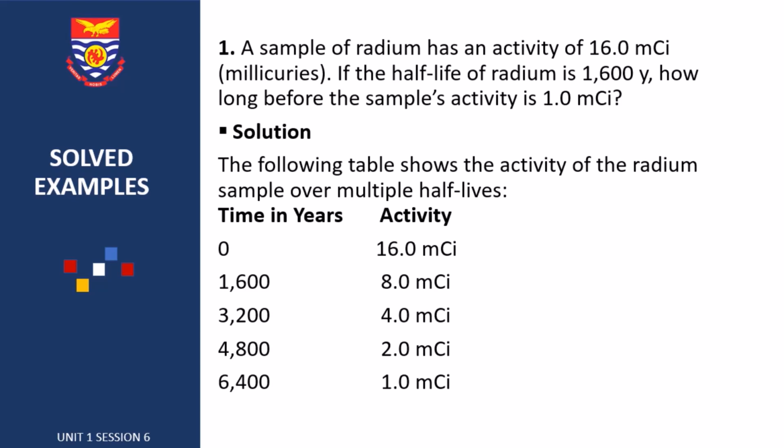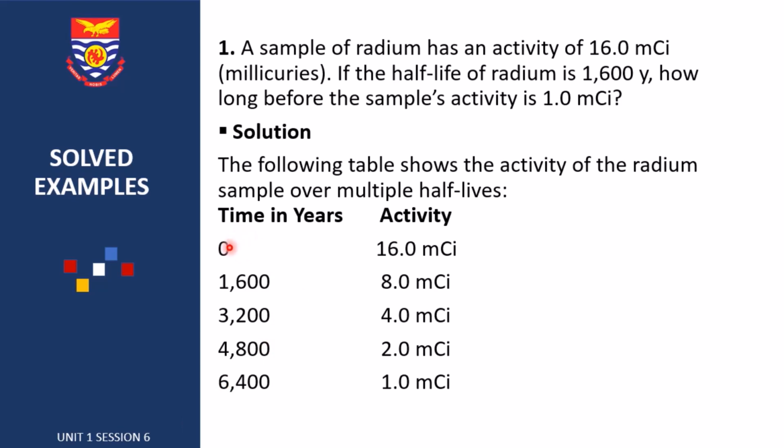Then after another 1600 years, half of the remaining amount will also decay, and it will be left with half. So we'll continue decaying half after every 1600 years till we get to 1 millicurie. So let's now go into the solution.